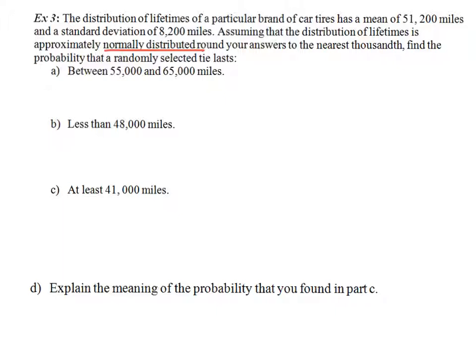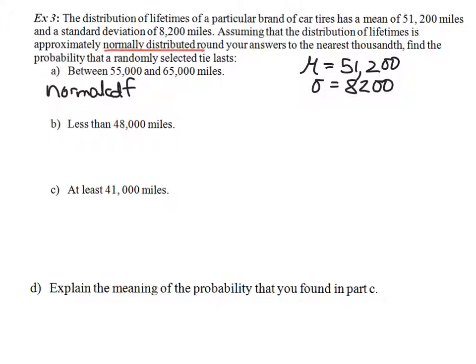So we want to start with our mean, which is 51,200, and the standard deviation, which is, of course, for this one, 8,200 miles. So for the first one, we want between 55,000 and 65,000, so it's normal CDF going from 55,000 to 65,000 with a mean of 51,200 and a standard deviation of 8,200.